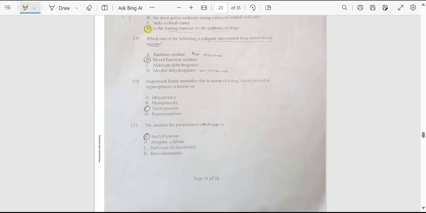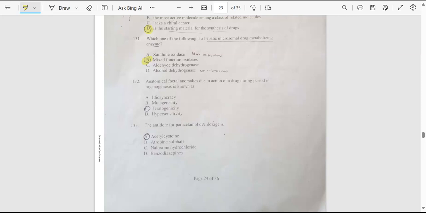What are the others, if you are aware? Xanthine oxidase. This one is involved in the metabolism of purines. I don't quite remember the pathway.